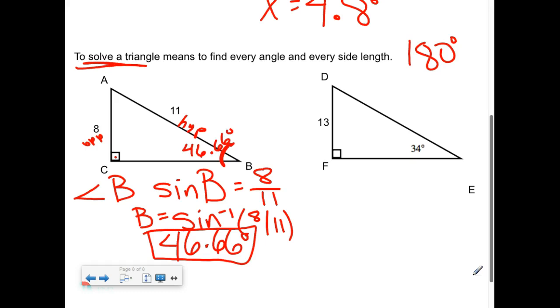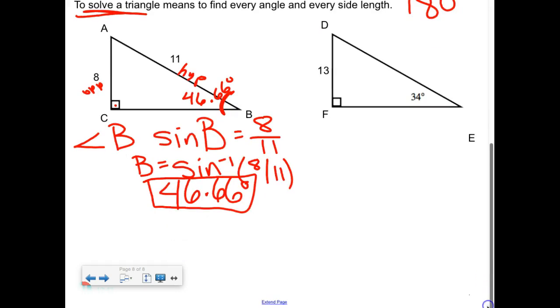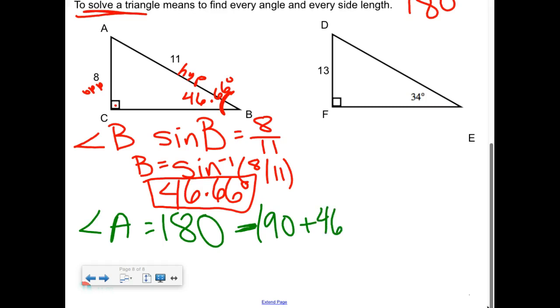So now, if I know two of my angles, can I easily find my third angle? Yeah. So I'm going to say angle A equals 180 minus, if I add my other two angles that we just found.